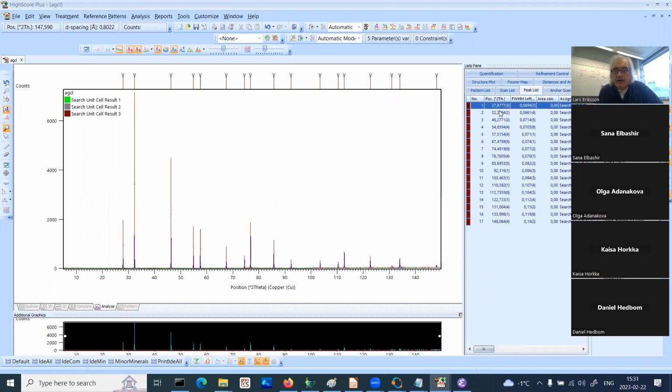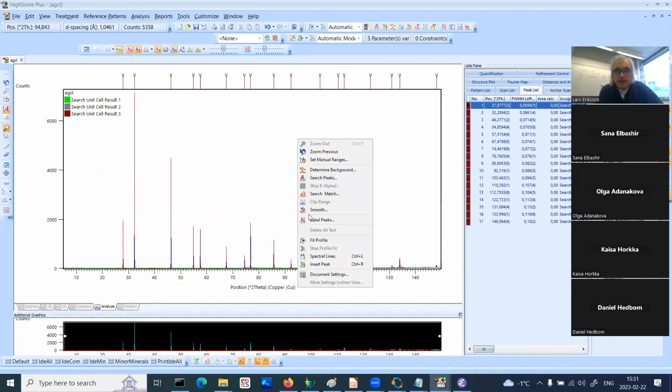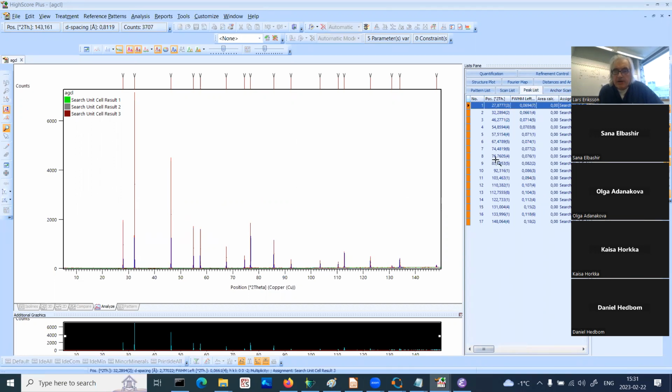Here is the 2 theta. And if we do a fit profile, they should come out with the estimated standard deviation of value 3 here and a width of the reflection.